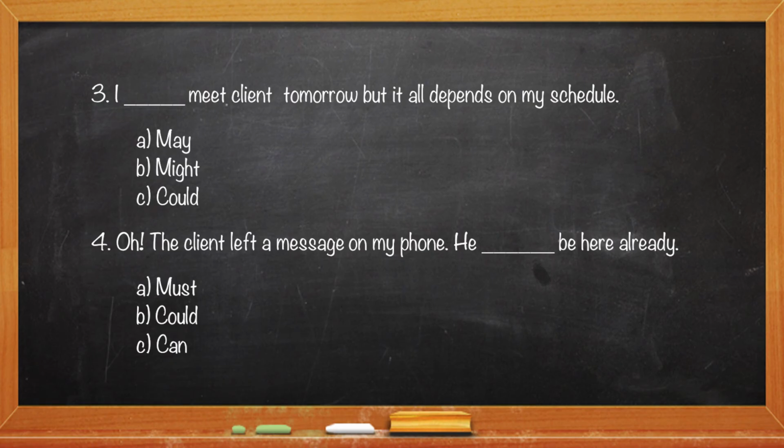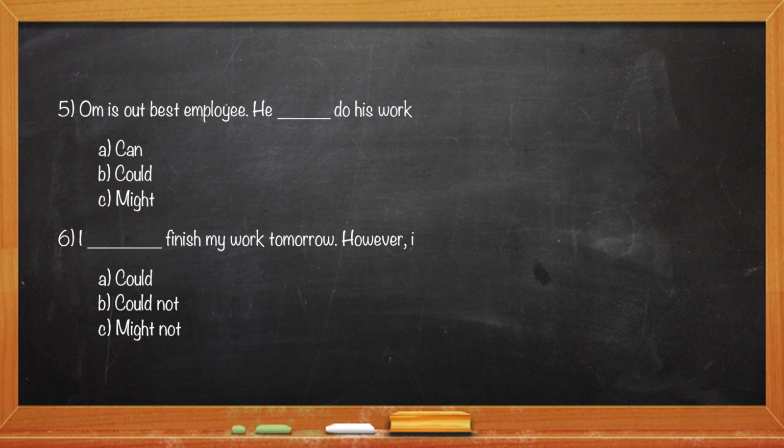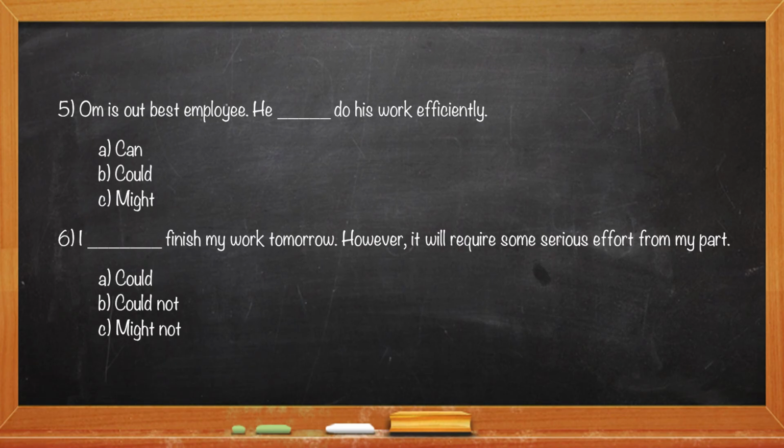Number 4: Oh, the client left a message on my phone. He dash be here already. Must, could, can. Next one: Om is our best employee. He dash his work efficiently. Can, could, might. I dash finish my work tomorrow, however, it will require some serious effort on my part. Could, could not, might not.